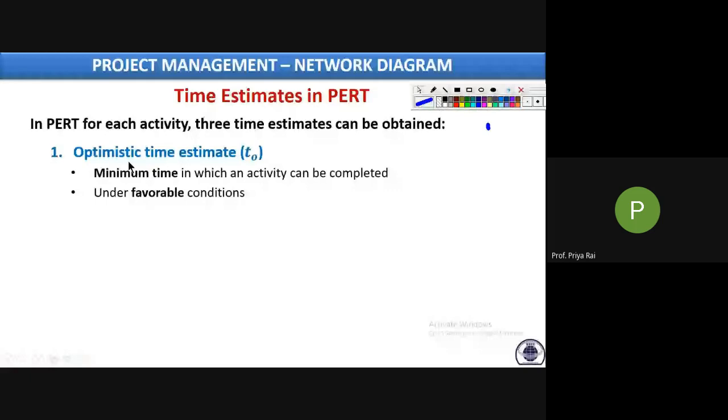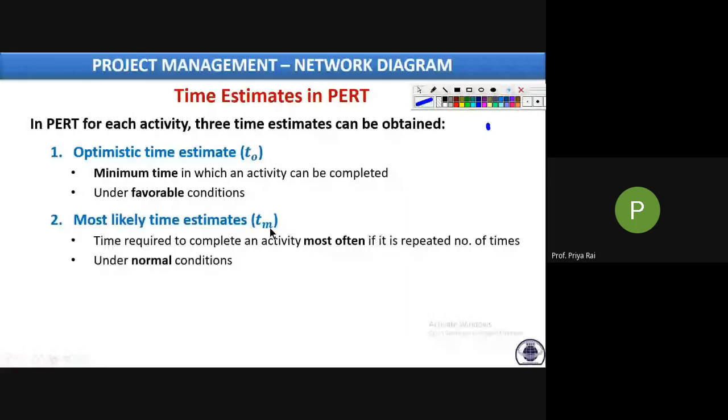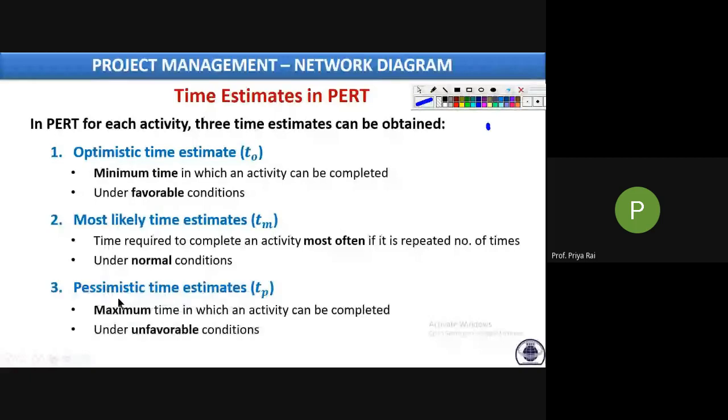First is the optimistic time estimate, denoted by TO. Second is the most likely time estimate, TM. And third is the pessimistic time estimate, TP. So TO, TM, TP are the three time estimates provided for every activity.